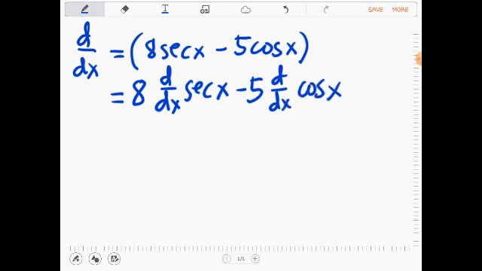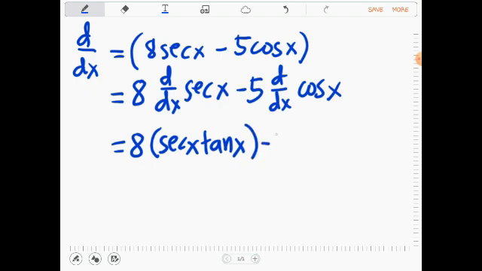Okay? So, ngayon, copy lang natin yung 8 na constant. Then, derivative of secant x is equals to secant x tangent of x. Okay? Minus 5 times yung derivative ng cosine x natin ay negative sine x. Negative sine of x. Okay?